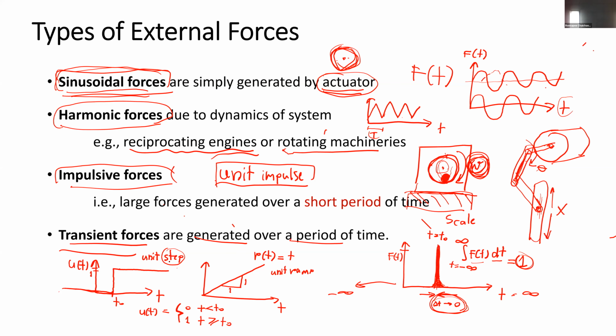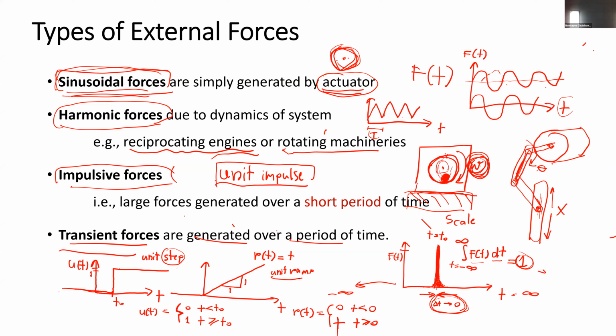This is the unit step. For the unit ramp, r(t) is equal to 0 before, maybe in this case t0 equal to 0. When t is less than 0, the value of the force function is 0. But when the time is more than 0, r(t) is equal to t, when t is more than or equal to 0.